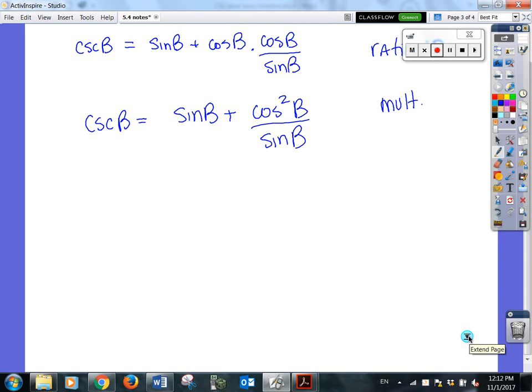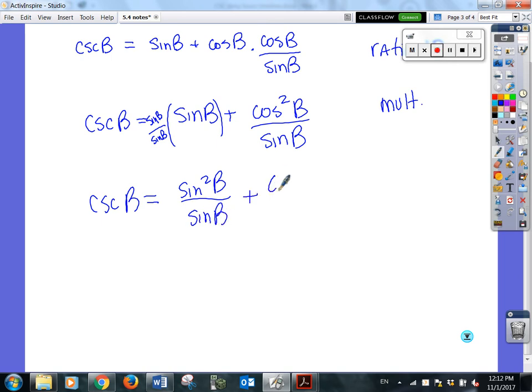So now what I would do is get a common denominator. So I would multiply this by sine B over sine B. So cosecant B equals, that's going to be sine squared B over sine B plus cosine squared B over sine B. And what did I do? I got an LCD.